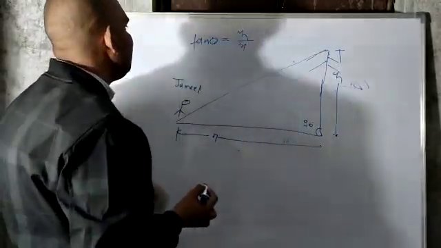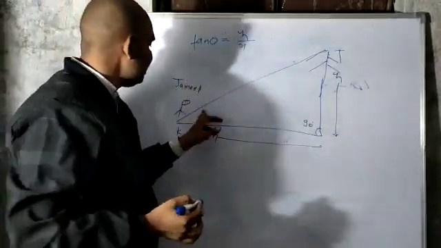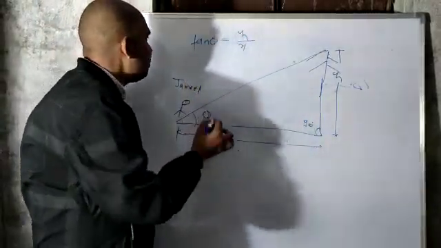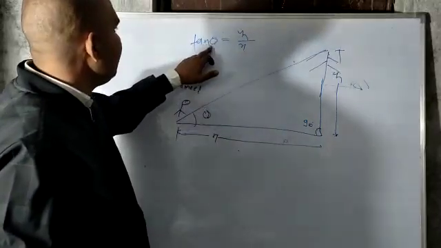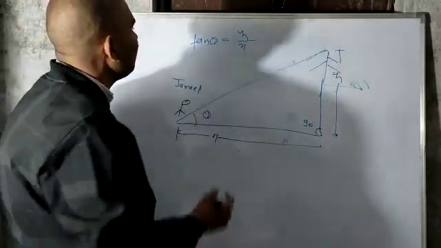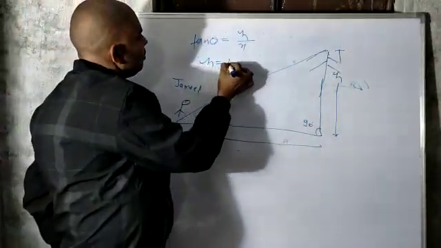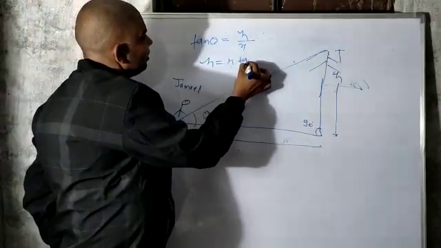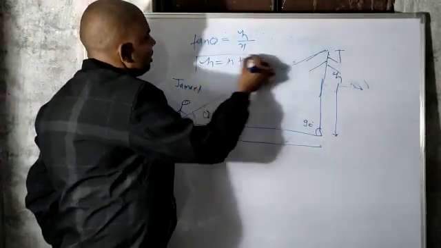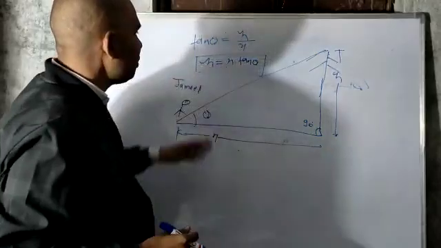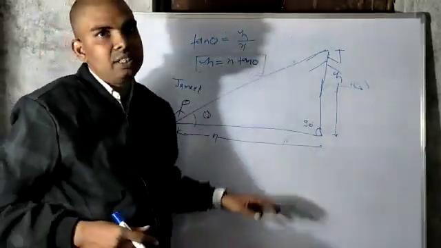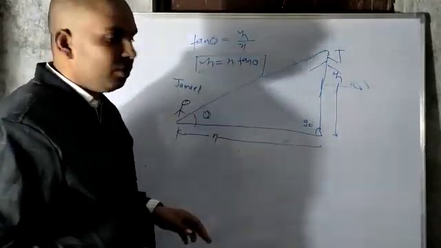We will take an approximate angle theta and put its value in tan theta, and we can find the value of h. Height will be equal to x times tan theta. By this formula we can find the height of a mountain, the height of a tree, and any others. Okay, thank you.